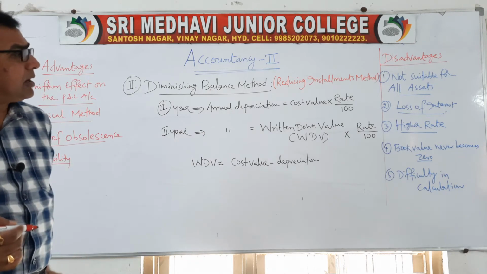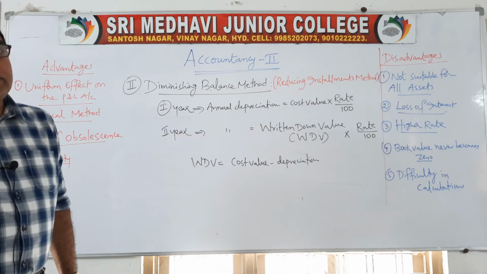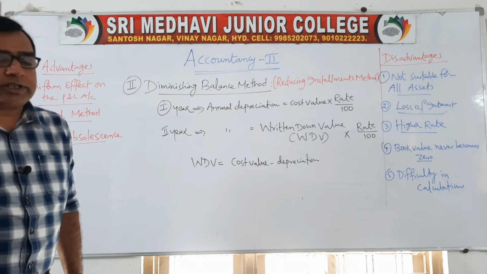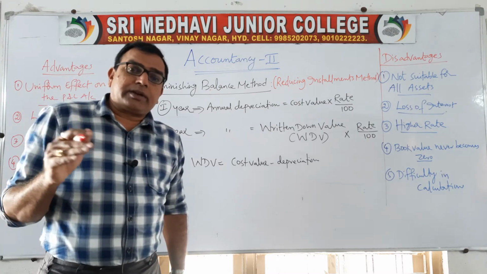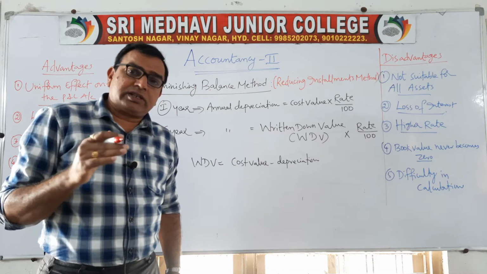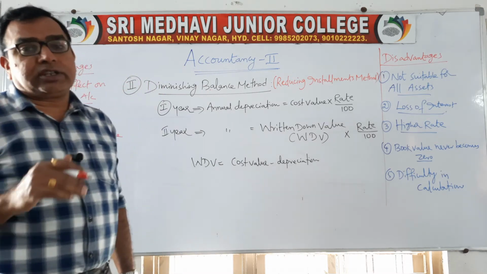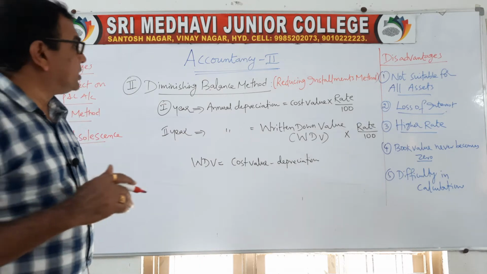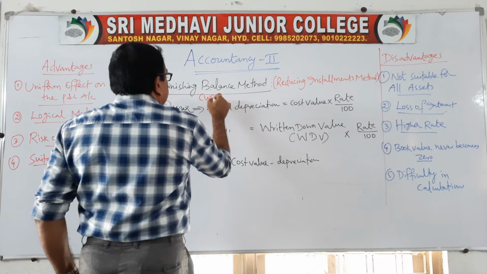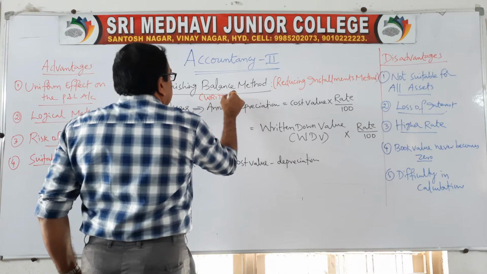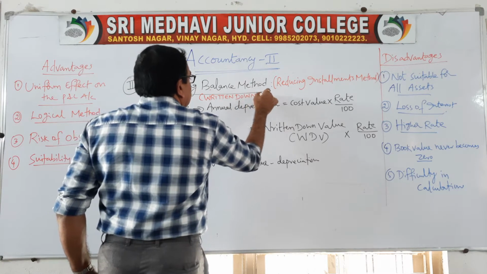But in the diminishing balance method, the amount of annual depreciation does not remain constant. It decreases every year. As the asset value decreases year by year, the amount of annual depreciation also decreases. That is the reason it is also called written down value method.